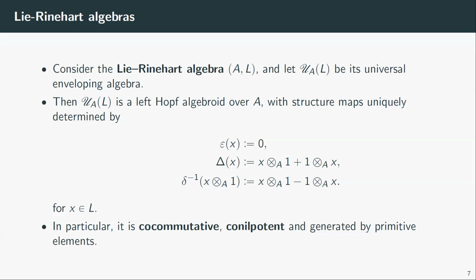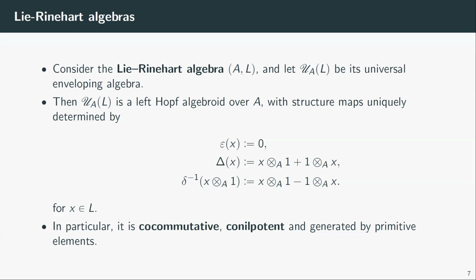And in our case here, all the elements are generated by products of primitive elements, and that's why the conilpotency holds. But in the example we will see later, we will obtain something conilpotent, but which displays some unusual properties.